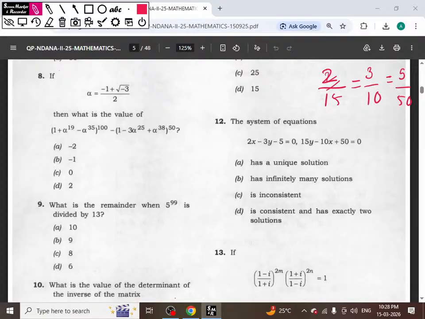So this is not divisible, so this is simply not possible. So it is an inconsistent solution. It does not have a unique solution, it is inconsistent. Okay, moving on.